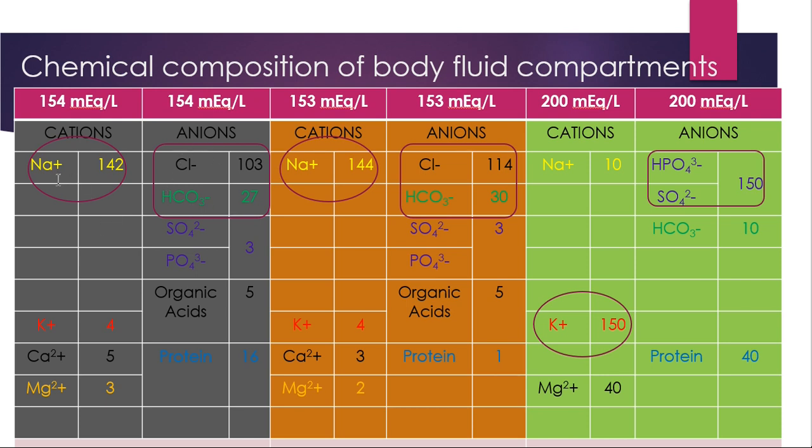In plasma, sodium is important as a cation, and chloride and bicarbonate are the important principal anions. In interstitial fluid, again part of the extracellular fluid compartment, sodium is the principal cation, and chloride and bicarbonate are the principal anions.